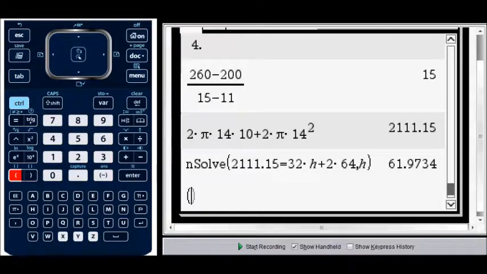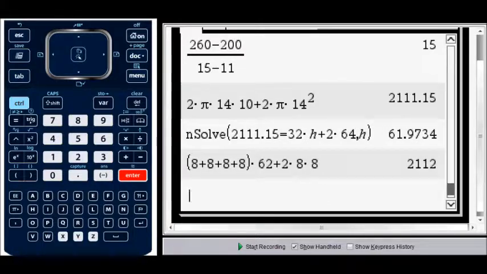We have 8 plus 8 plus 8 plus 8 times our height, which is 62, plus 2 times the area of the base, which is 2 times 8 times 8. So that's our P times our H plus our 2B. And it gives us 2,112. Really, really close, right? We did round it up, and that's why it's a little bit higher. It wouldn't have been so high if we hadn't rounded it the way we did. So we know that is the correct answer, and we're done with this.